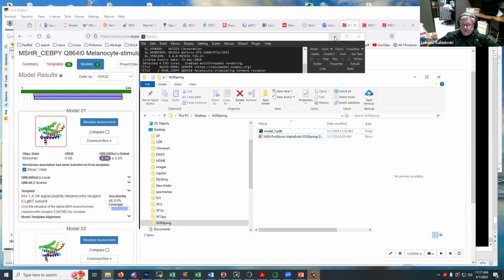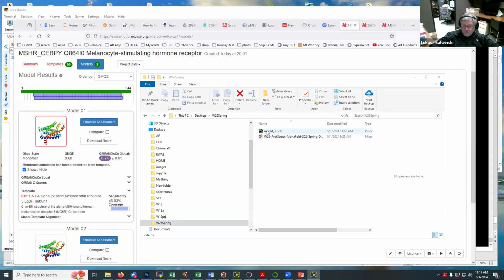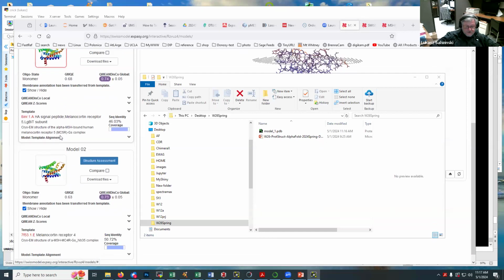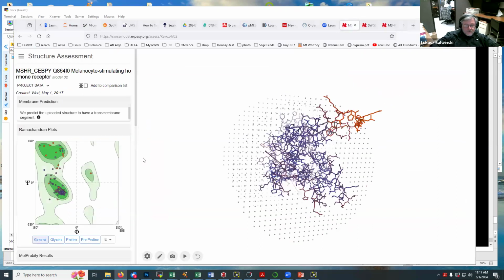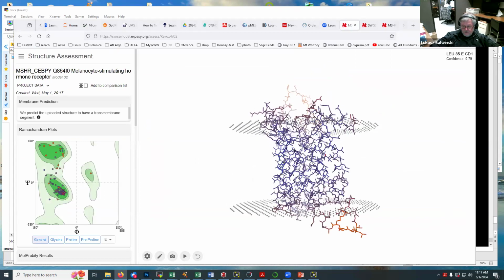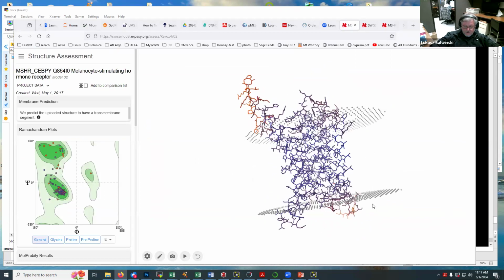Okay, why did I have PyMOL started? I don't know. Okay, here's my model one. Now let's get myself the second one. Okay, and we can download, well, we can look at it first. So here we're going to have another model.